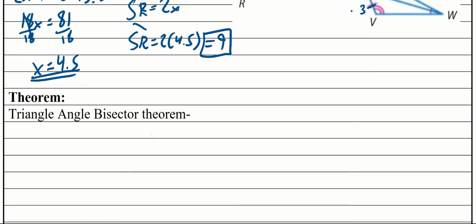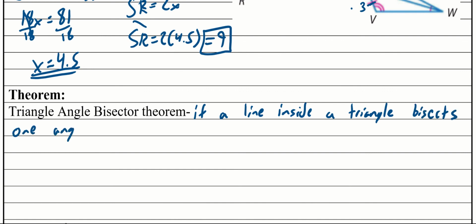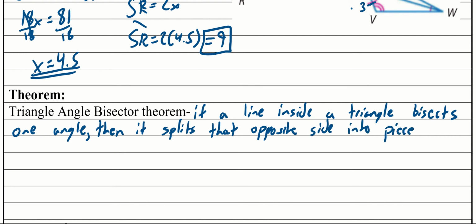And then there's one more idea that's separate from this. It's what we call the triangle angle bisector theorem. And it says this.